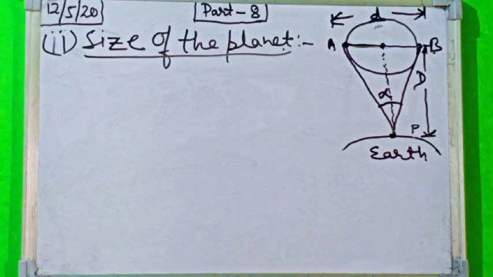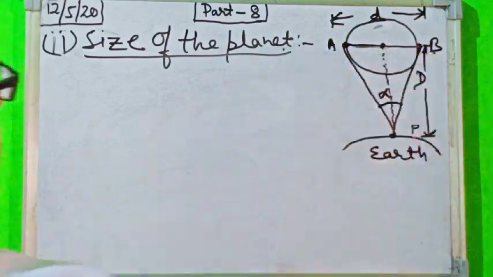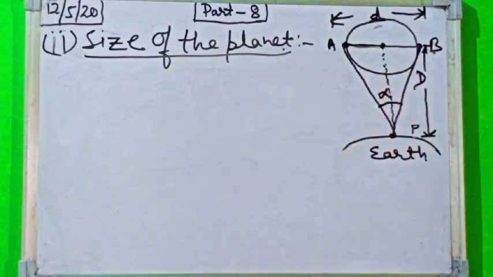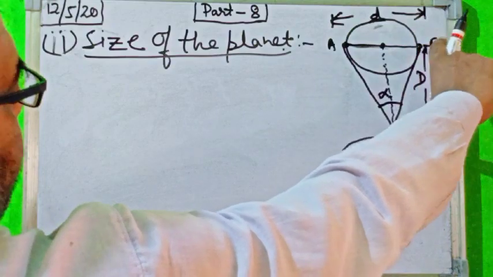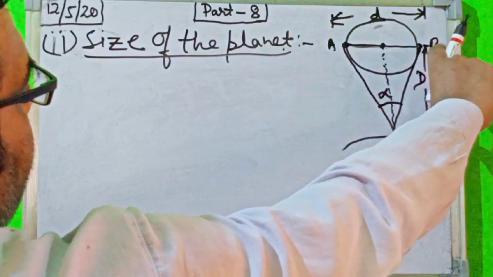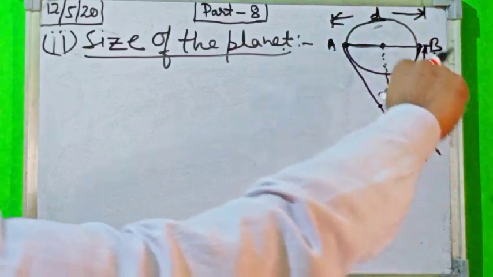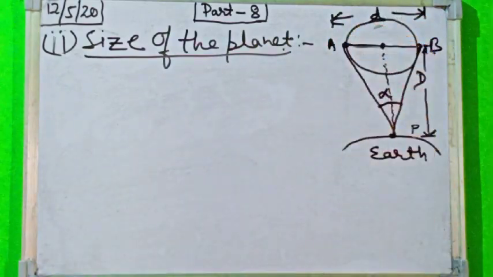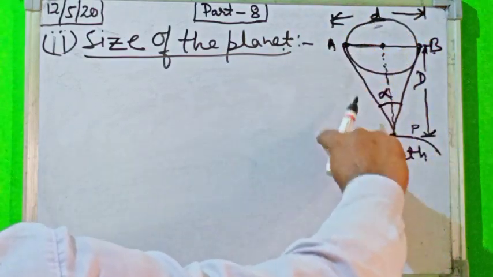So from here, it is the same thing, arc upon radius. Since the planet is very far off, this arc is considered as the diameter AB. Arc upon radius, this is the arc, and this distance capital D is the radius.